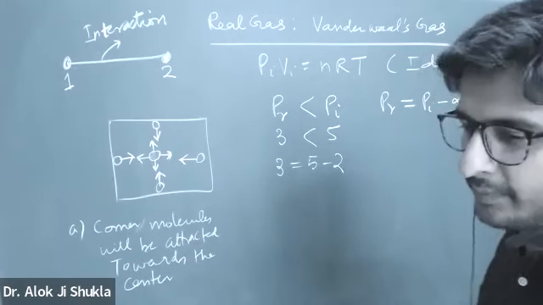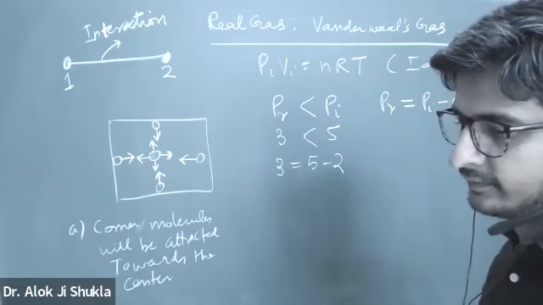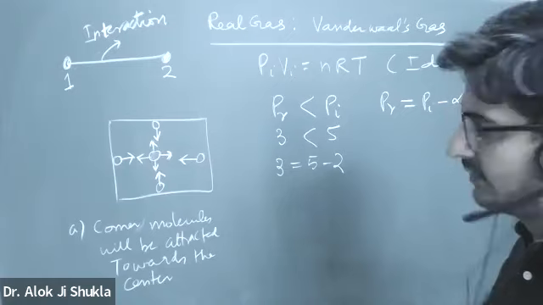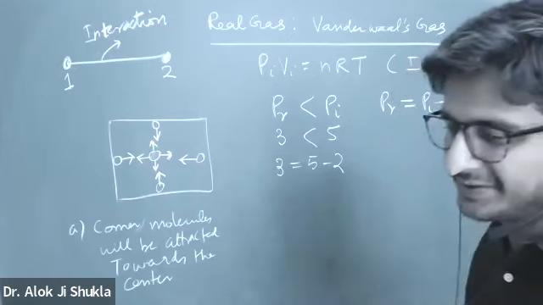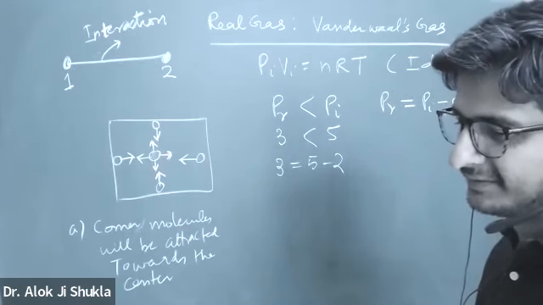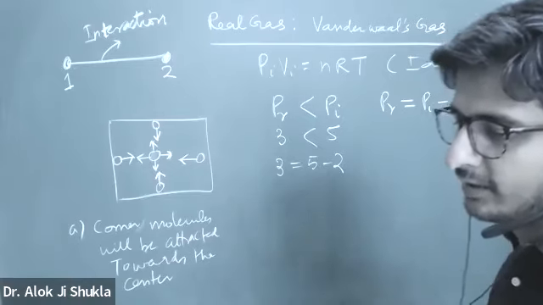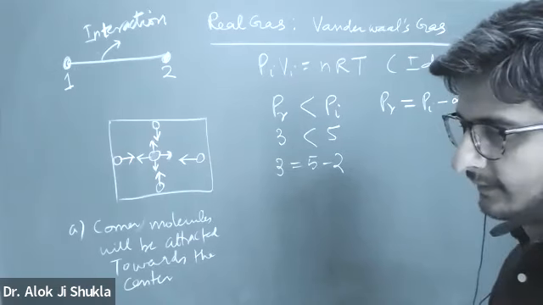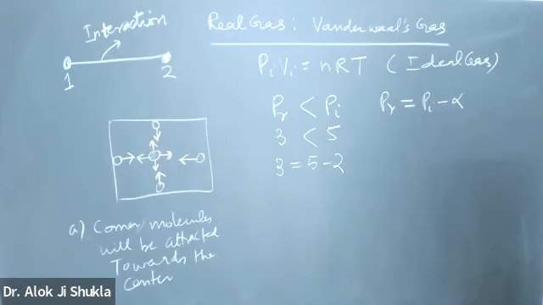Can you tell me any other pressure, if there are molecules in a container, that exists? No, sir. The pressure is only because of the bombardment of the molecules. We have done it in kinetic theory of gas, right? Yes, sir. So P_R is equal to P_i minus alpha.